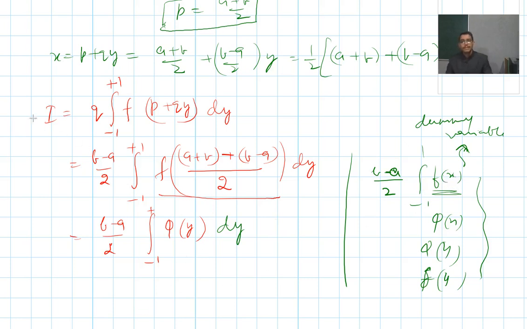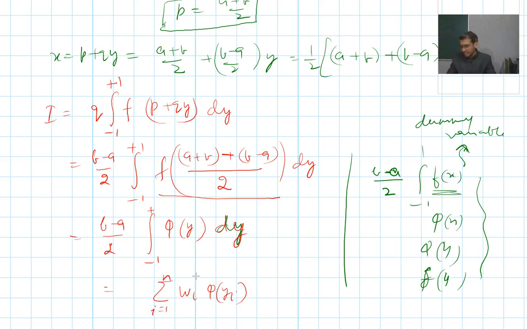And this is evaluated in the form of (b minus a) over 2, or note this, it can be written as the sum of wi phi(xi), right, where i varies from 1 to n.